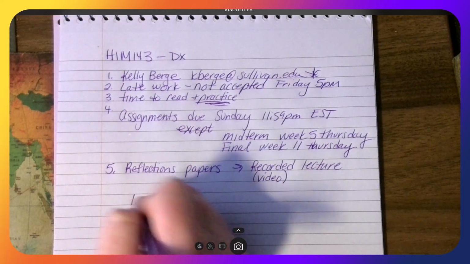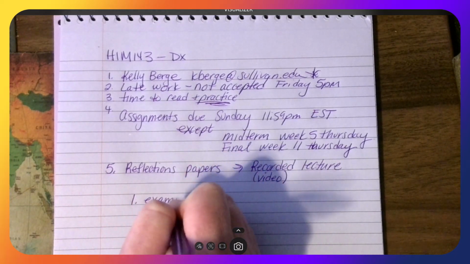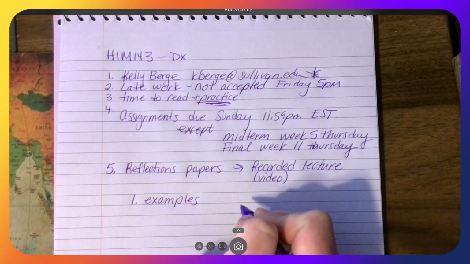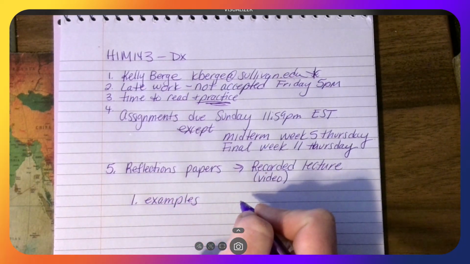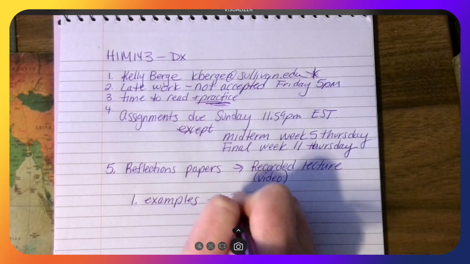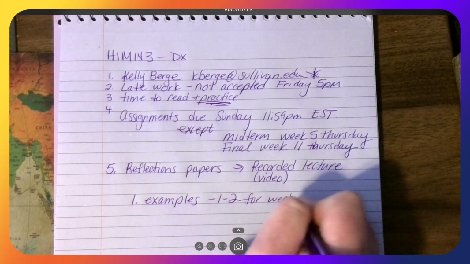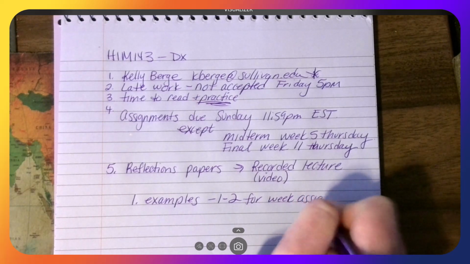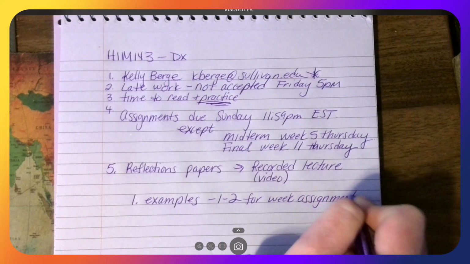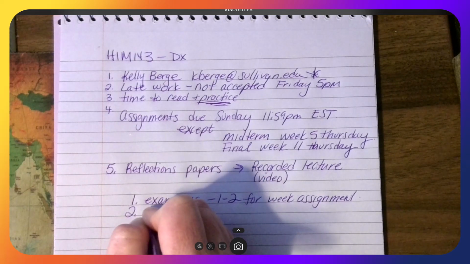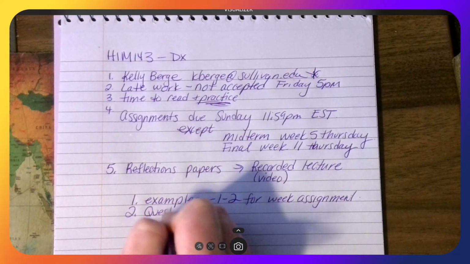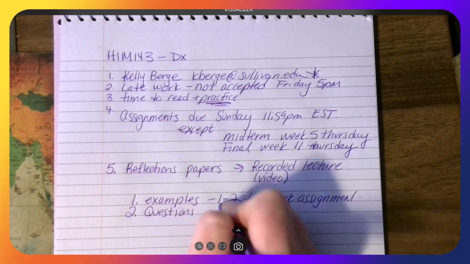Those lectures are comprised of 2 different things. One is examples. So I'll go over examples that I choose from the homework, usually 1 to 2 examples for the week assignment. And then the second thing I go over are the questions from the previous week's reflection.